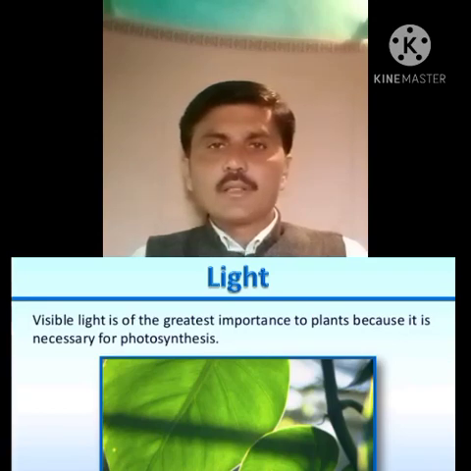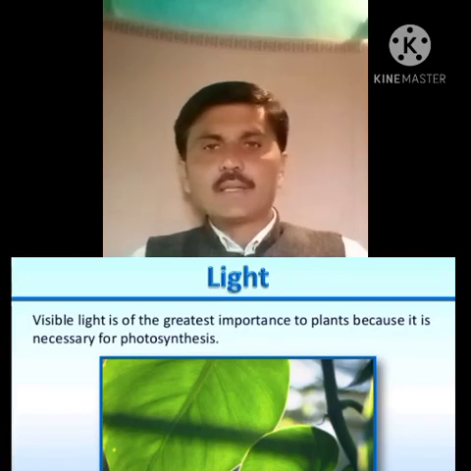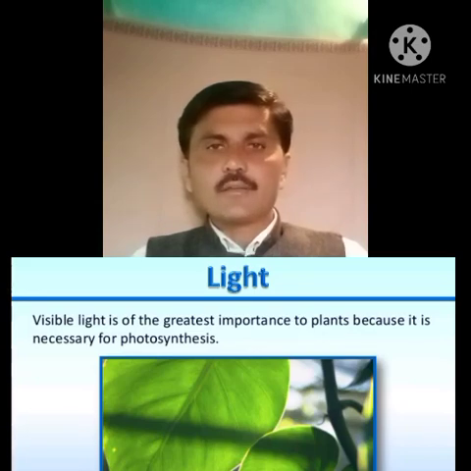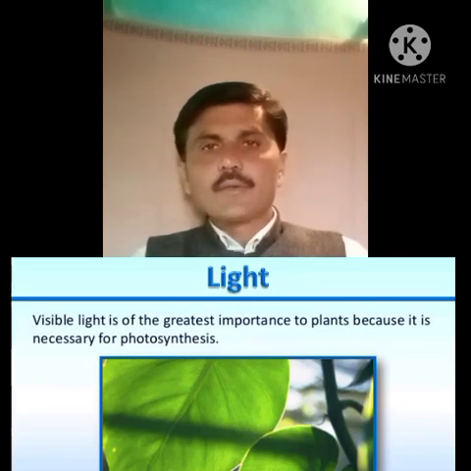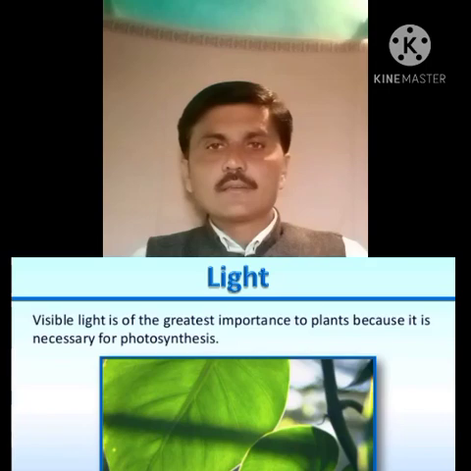Extreme low light: when the light is very low in amount, then the plants are unable to produce their food. On the other hand, when the light is of very high intensity, then also the light shows its effects.